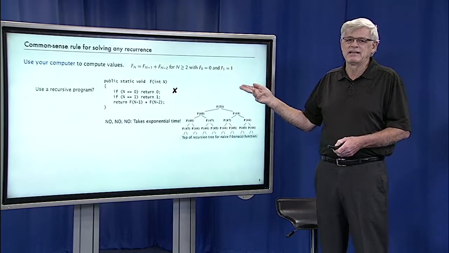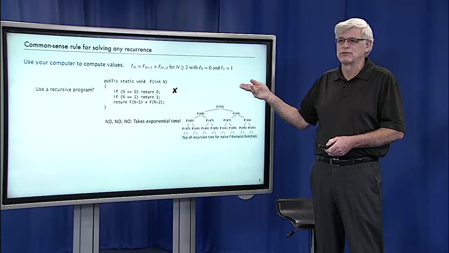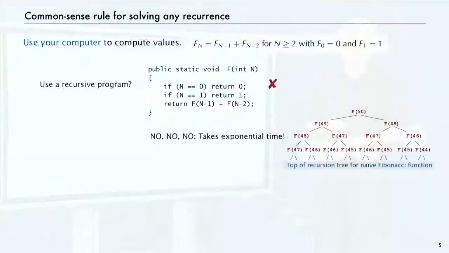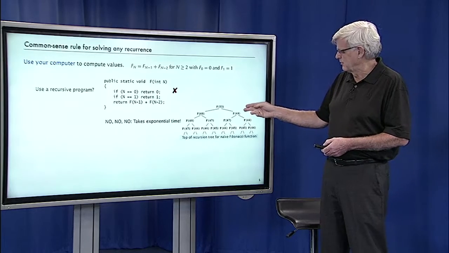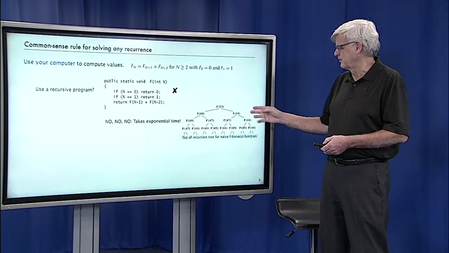It's a very bad idea to try to compute values of a recurrence like this with a recursive program because it takes exponential time. That is, to compute f of 50, we have to compute 49 and 48. To compute 49, 48 and 47, and so forth. And if you look at this table, you'll see that we're recomputing values all the time.